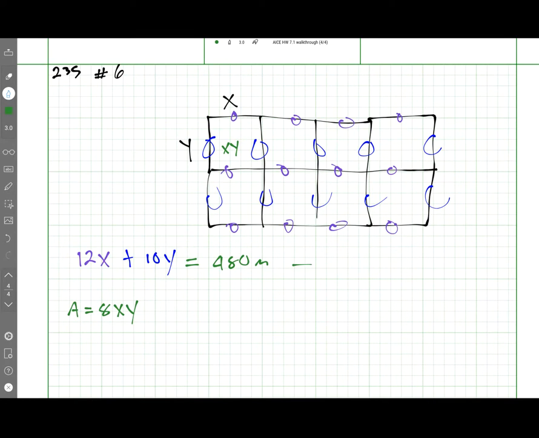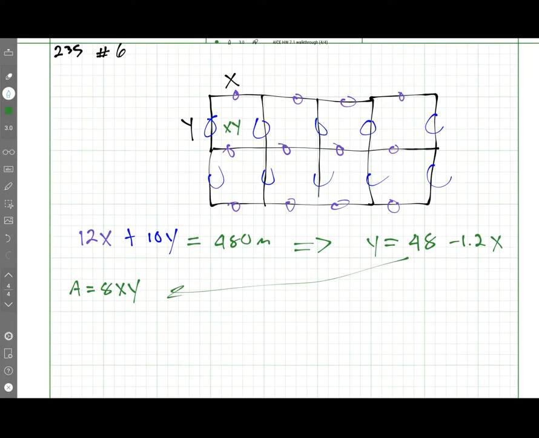So what we do is y is 48 minus 1.2x, right? I just solved for y. Now this can substitute in there.